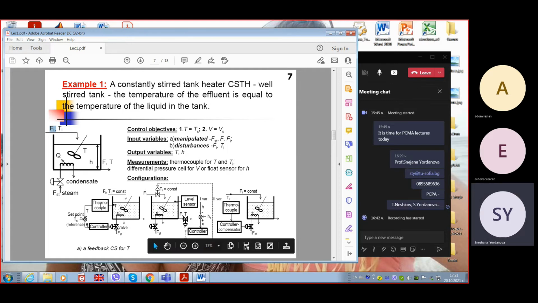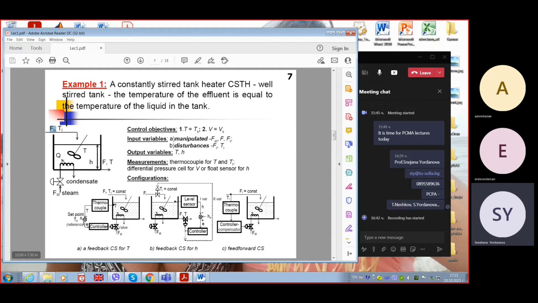So we measure temperature through a thermocouple and compare with the set point. The error is the input to the controller, and the controller tries to change the heating agent in a way to compensate this error, to reduce it to zero, so measured temperature will be exactly the desired temperature given by this reference.